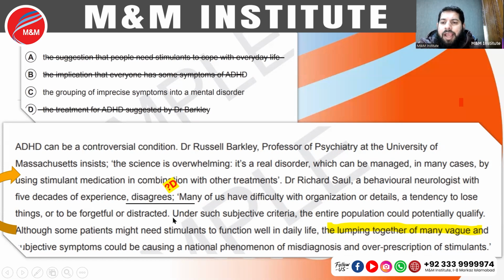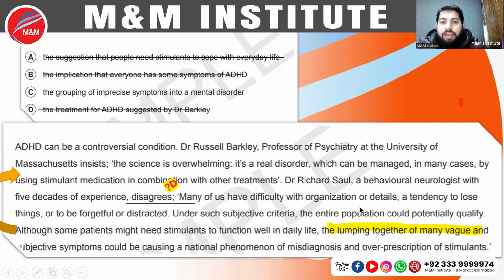When we go on and read the paragraph, from this statement, "although some patients might need stimulants to function well in daily life," it's something being said by Dr. Barclay. So it's not D then, we can negate D easily. However, we can see that as per Dr. Barclay, he said that we need some stimulants to function well in daily life.